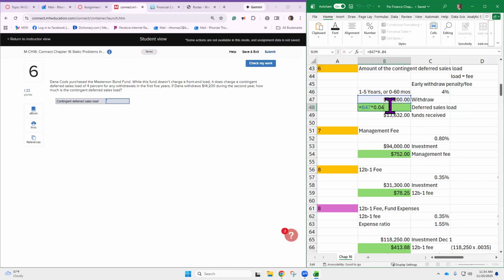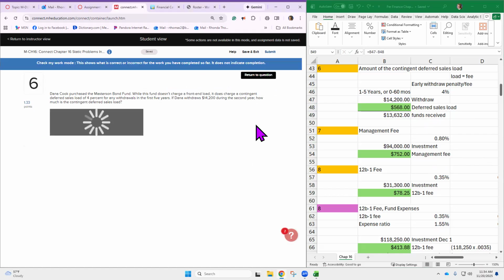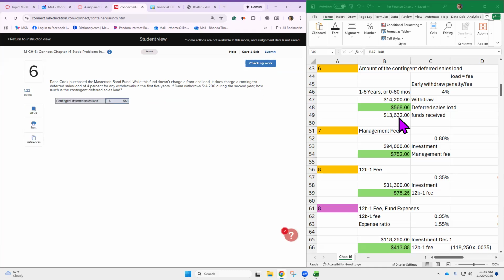Okay, so once again, we take 4% of however much she's withdrawing, and the fee becomes $568. And if she was having it withheld from the distribution that she was receiving, she would only get $13,632.